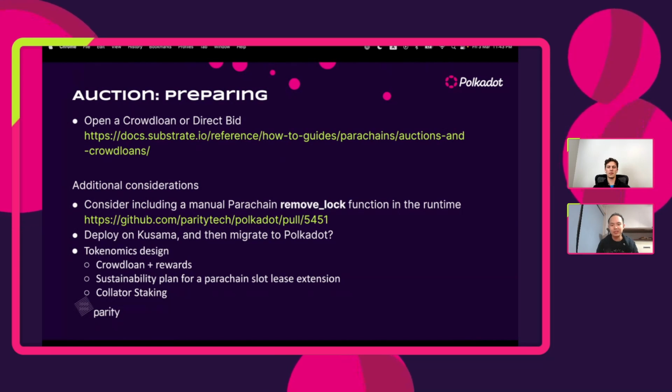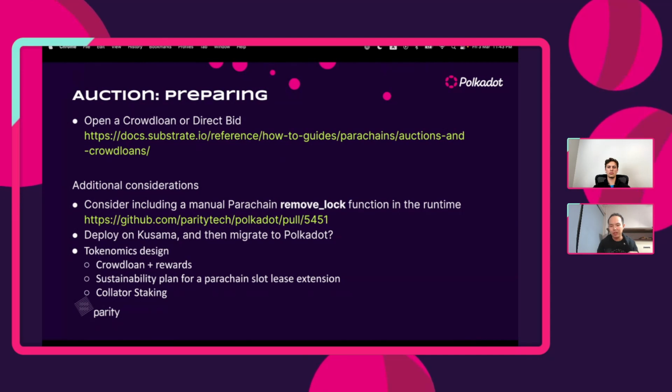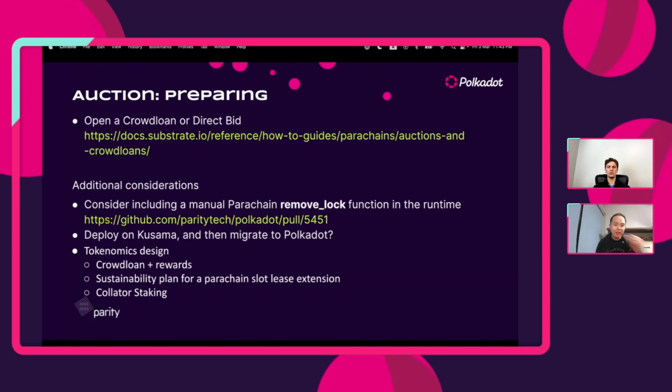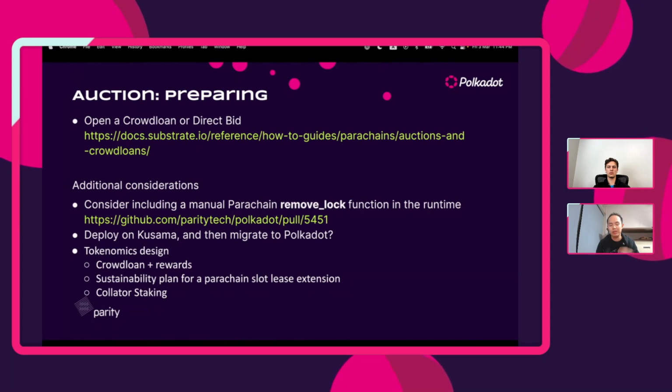What that essentially means is that you could actually start making some changes in case of mistakes. So strongly recommend this in the runtime. The other thing, which is also, once again, another business decision and consideration, is, as I mentioned earlier, for example, direct bids might be potentially too expensive for your project.